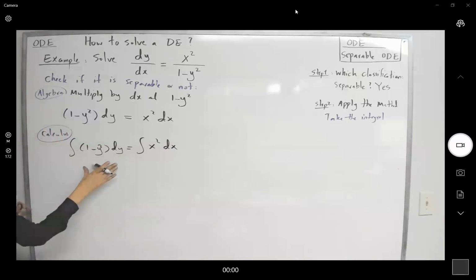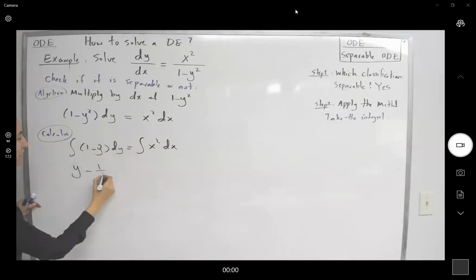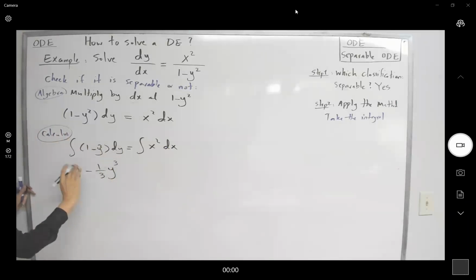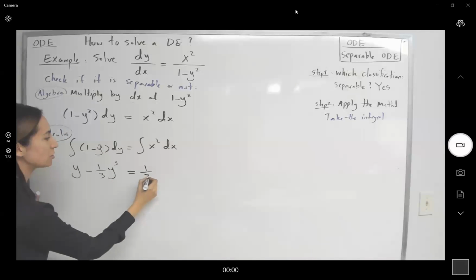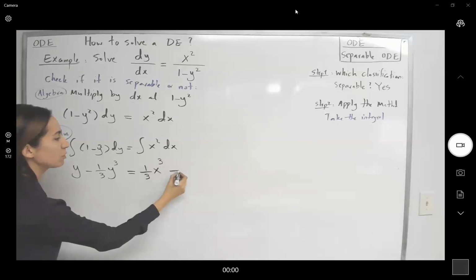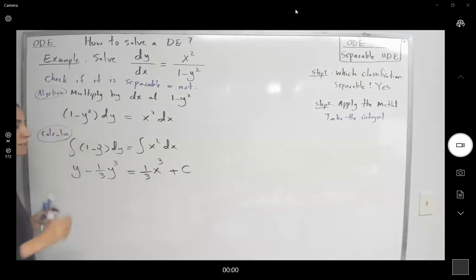For the left-hand side, the integral of 1 dy is just y minus the integral of y squared, which is a third y cubed. The integral on the right-hand side is a third x cubed plus the constant of integration.